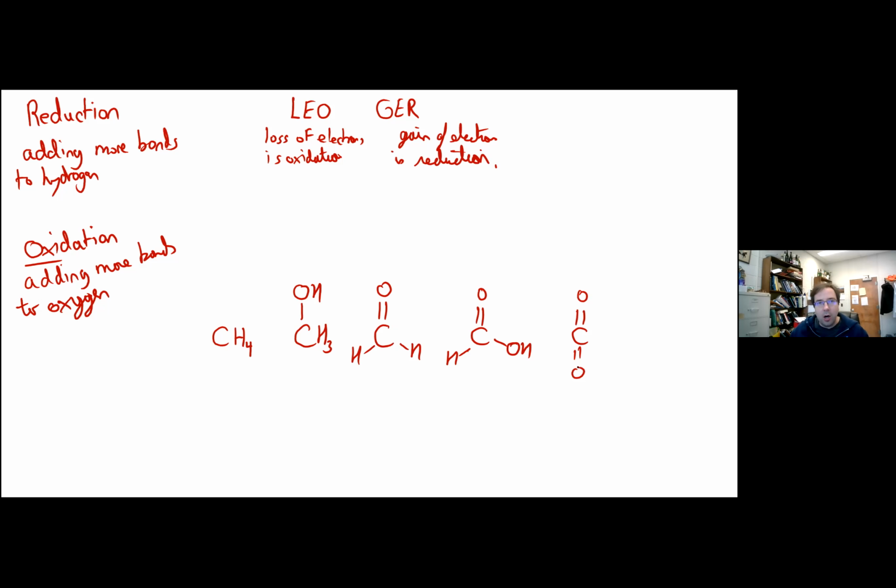If we want to think about how carbon is sharing its electrons, with a carbon-hydrogen bond, carbon basically has ownership of its electrons because they're more or less equal in electronegativity. So if you're a metal person, you can think of this as carbon 0. You can think of this as carbon 1.